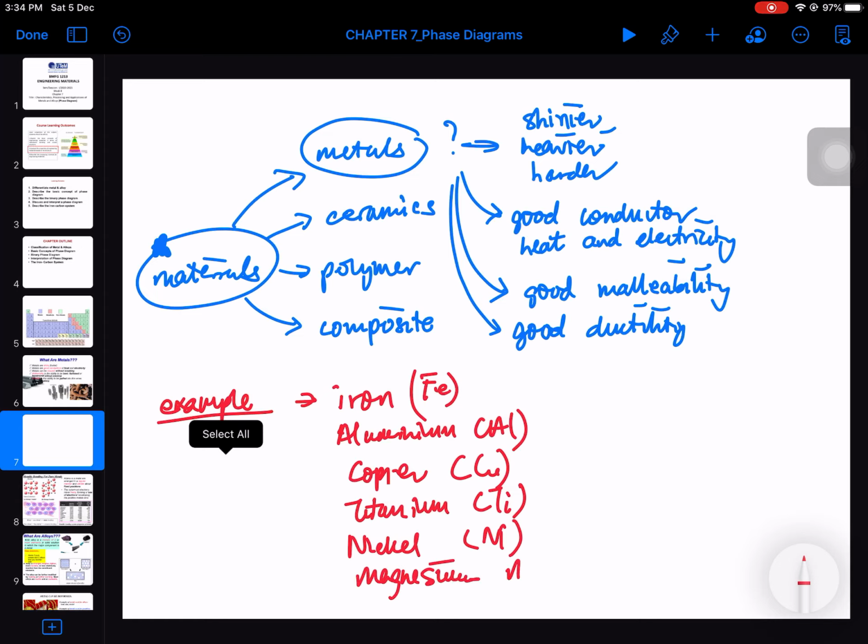This is just a few examples of metals which abundantly exist in nature.